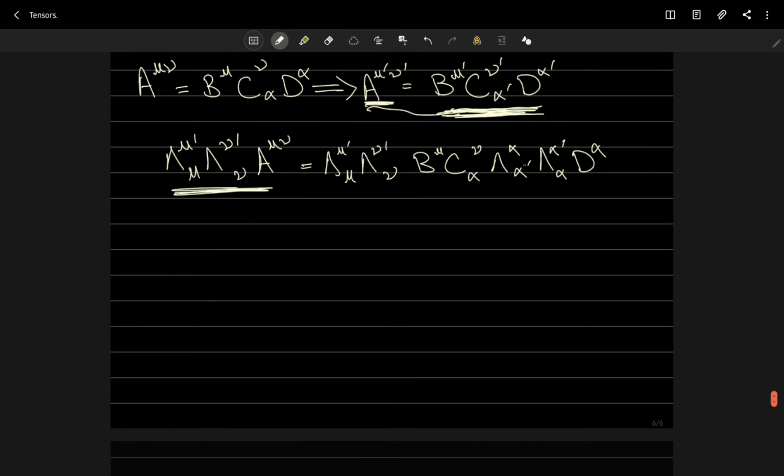But then this thing just gives you the identity, because it is the lambda matrix and the inverse of the lambda matrix.